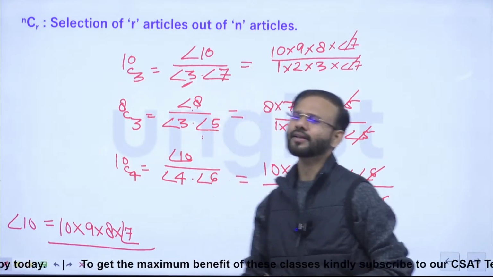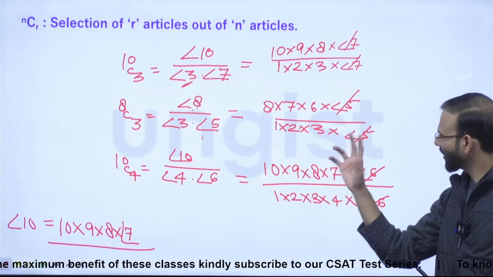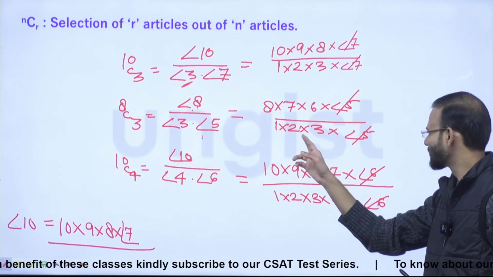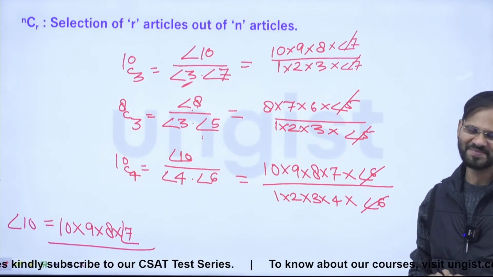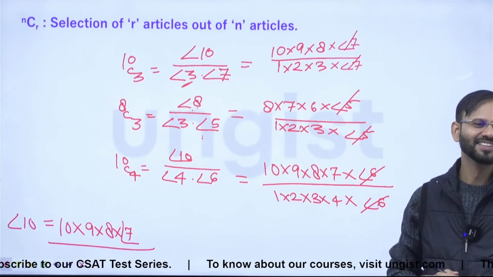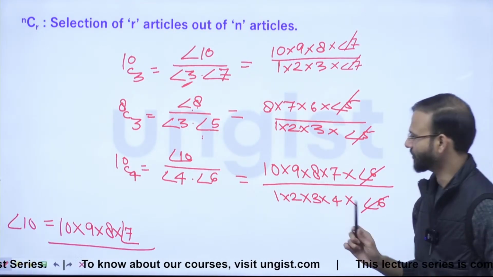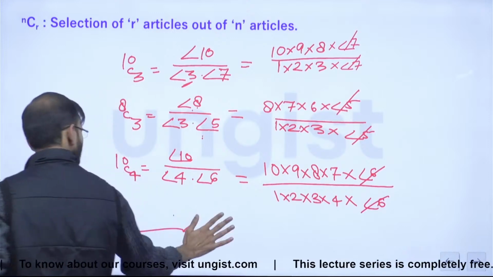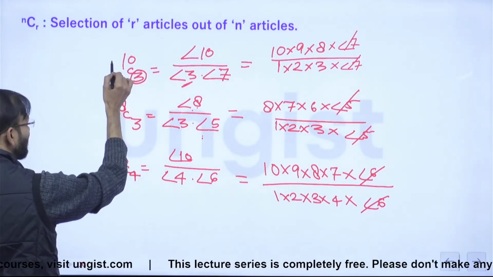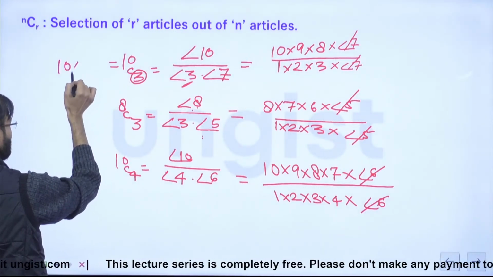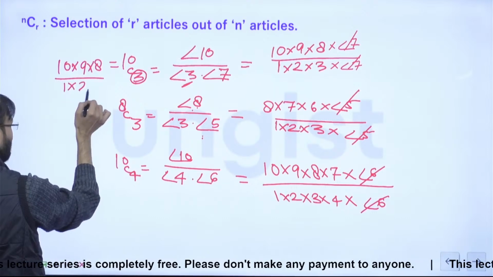So the number of times we decrease is equal to r, the number of articles selected. Tell me one thing: if I write it like this, 3 to 1, does it make any difference? The number of digits here is 3, so 10 will be decreased 3 times: 10, 9, 8 divided by 3 factorial, 1, 2, 3.